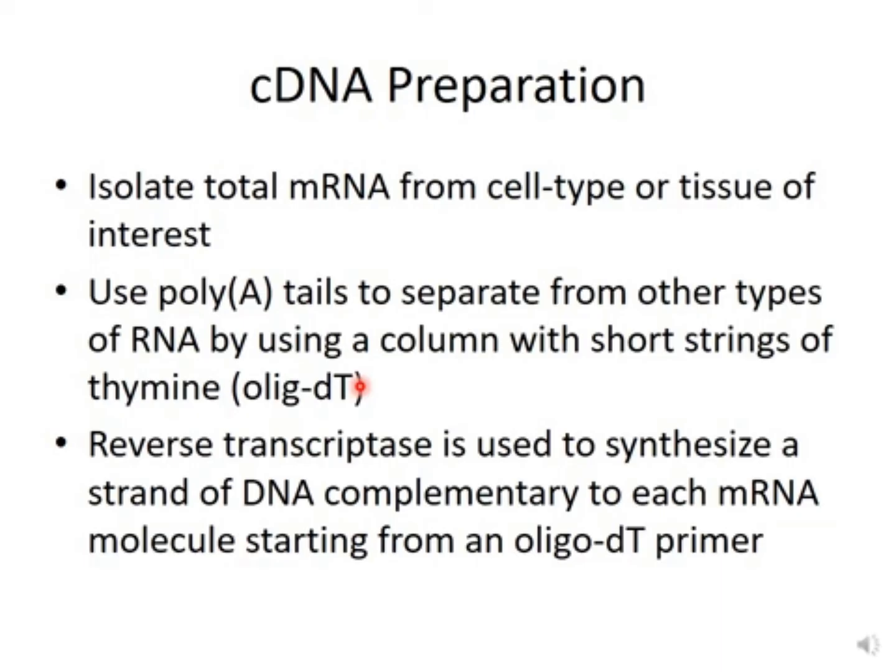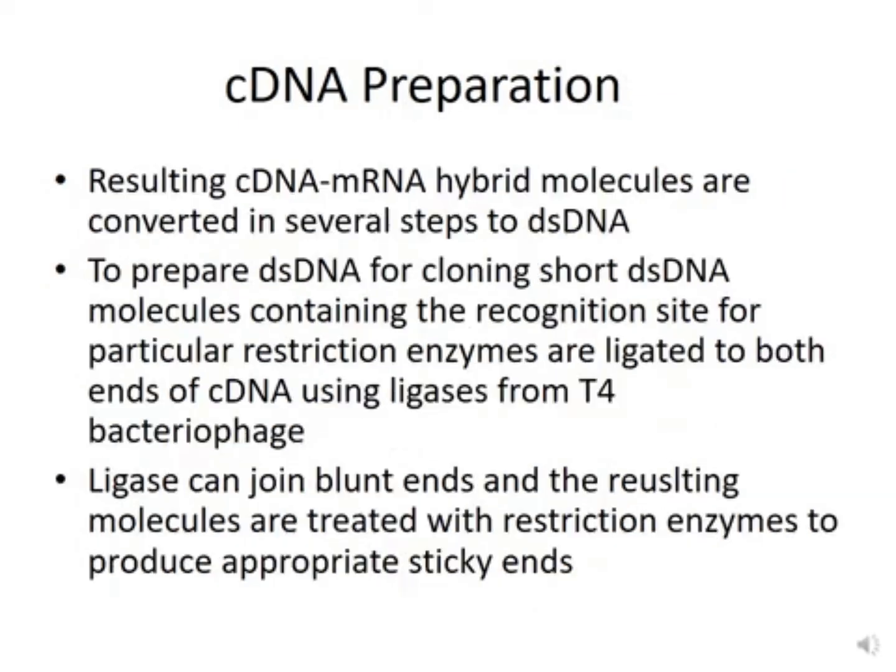After we obtain the mRNA, we use the enzyme reverse transcriptase to synthesize the strand of DNA that is complementary to the mRNA, starting from the primer, which is the T-tail primer. So the resulting cDNA-mRNA hybrid molecules are then converted to double-stranded DNA.